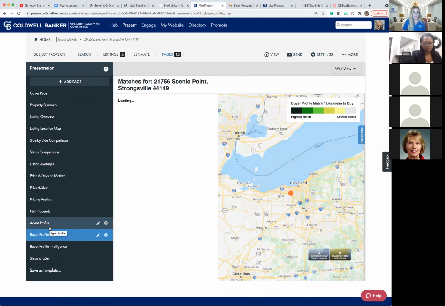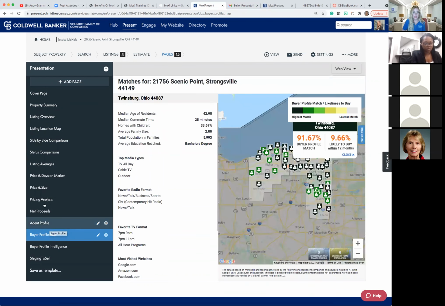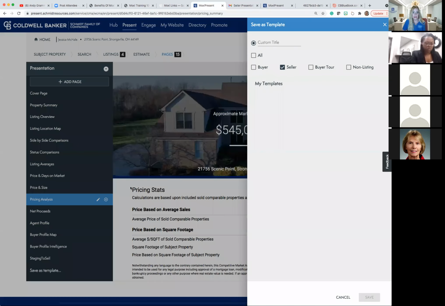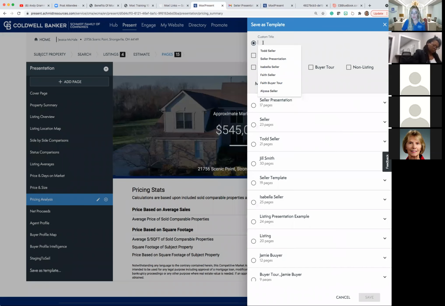If you like the presentation you've made and you want it to be the basic presentation for all your clients, what you'll do is hit Save as Template, and then save this as Seller Template or Buyer Template. That way you can always start with the same template and then just change the MLS number, and it will literally take all of the old MLS data and pictures out, plug in all the new MLS data in that presentation, and it becomes for that new person.